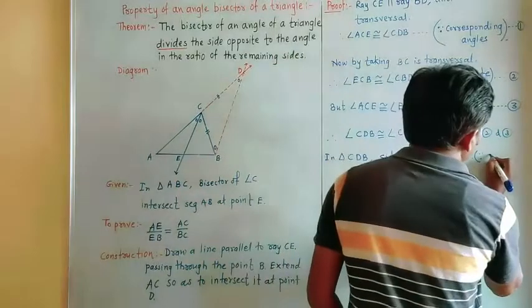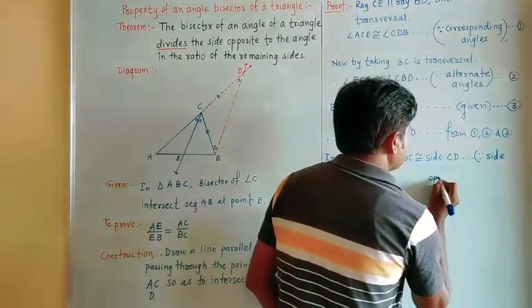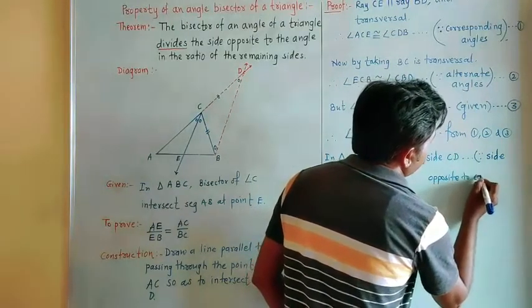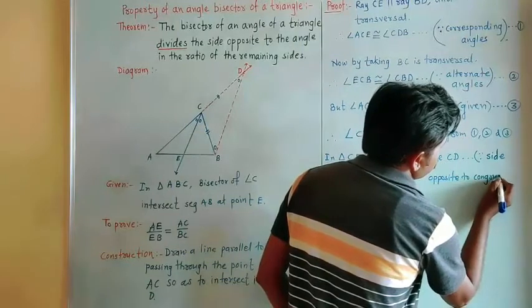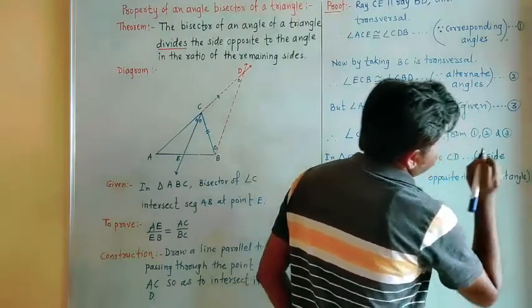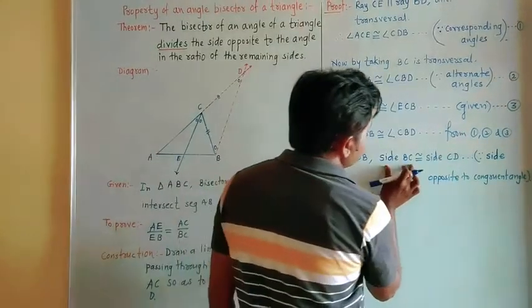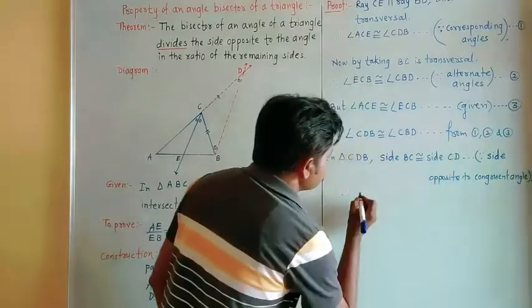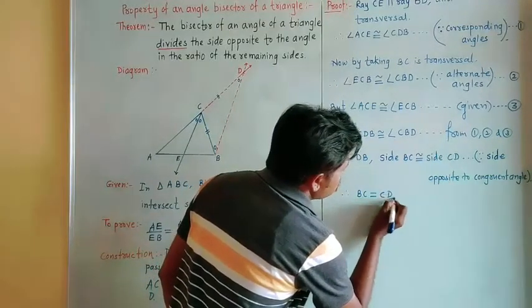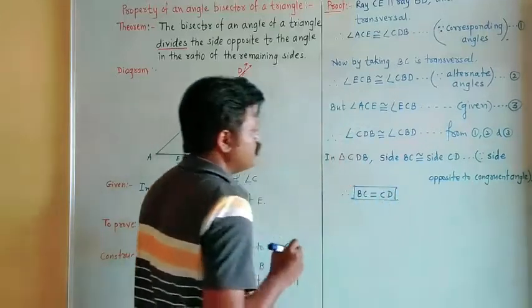Side opposite to congruent angles. Therefore side BC is congruent to side CD, so BC is equal to CD. So that is one important part here.